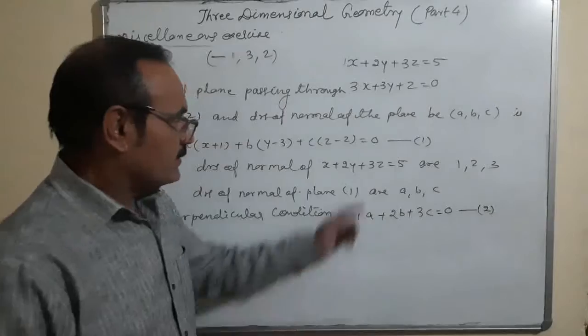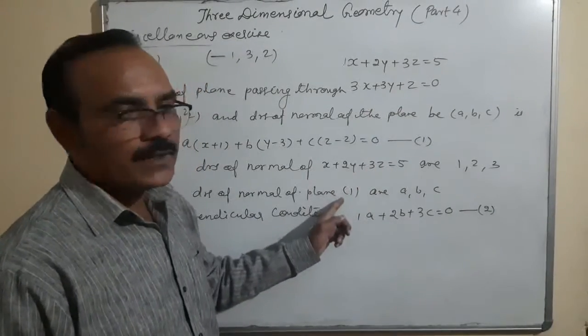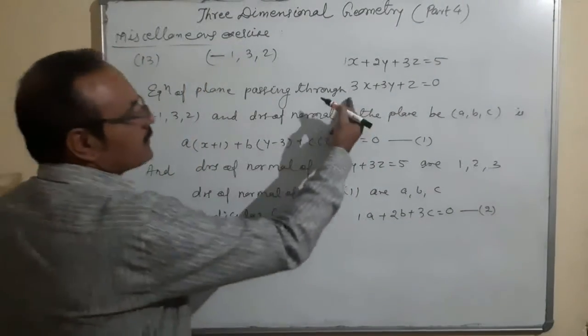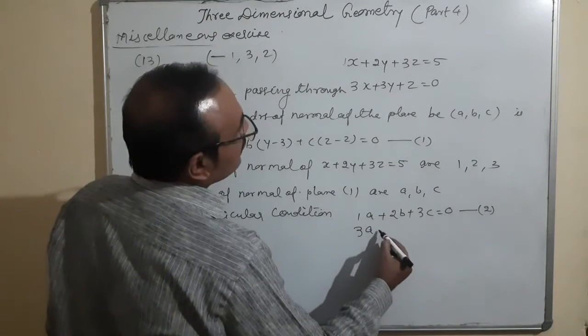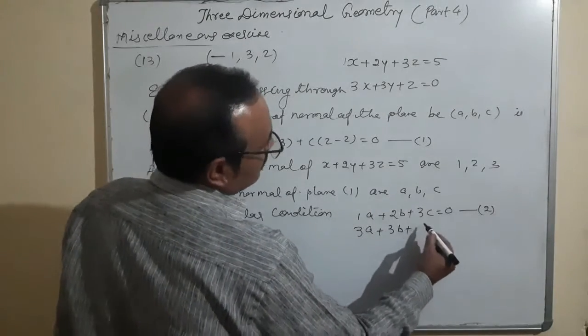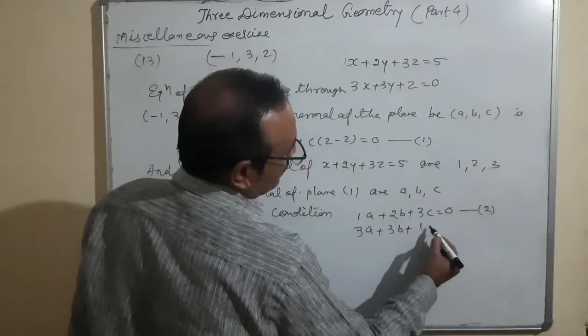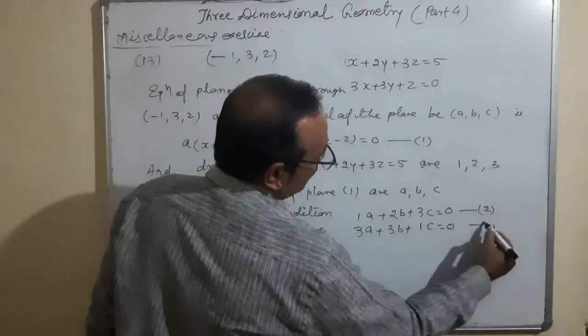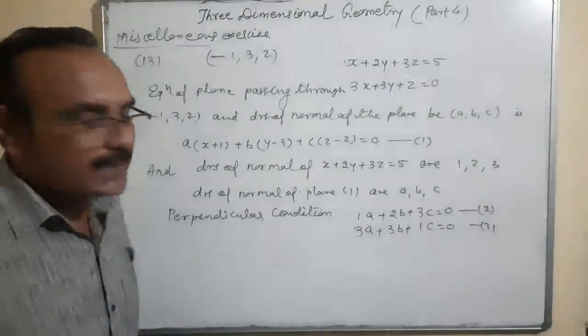Similarly, this plane is also perpendicular to that one. So similarly, I can write here 3A plus 3B plus 1C is equal to 0. Okay. Now we'll simplify the second and third.